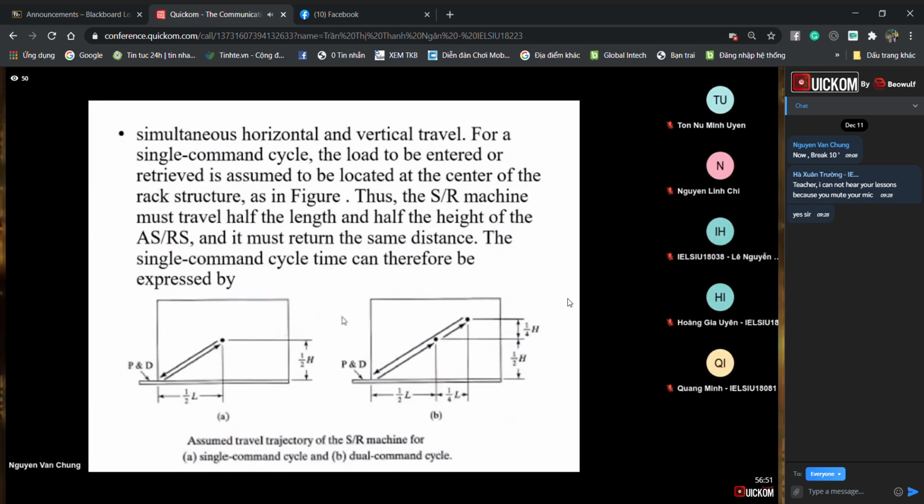This is the same as the single command, where you have half the length and half the height. Then go to the next location for retrieval.